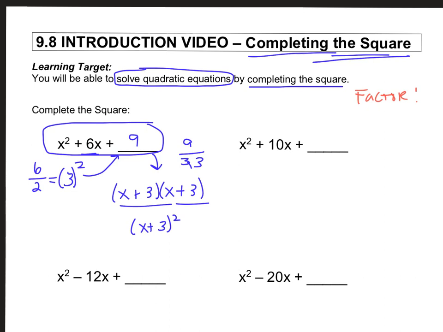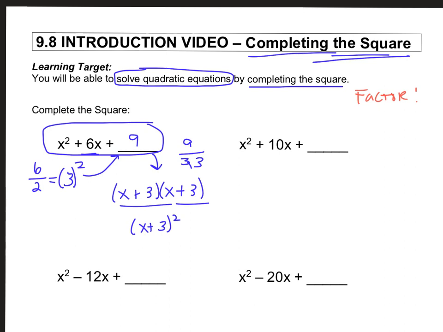So that little trick that we did, we took our b value, divided it by 2, took that answer and squared it. That's always what's going to go for our c value, and it's going to give us that perfect square trinomial. So let's try that again and see if we can get the next one to work out.